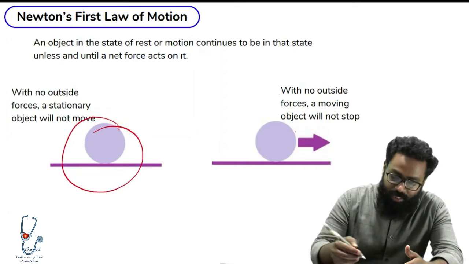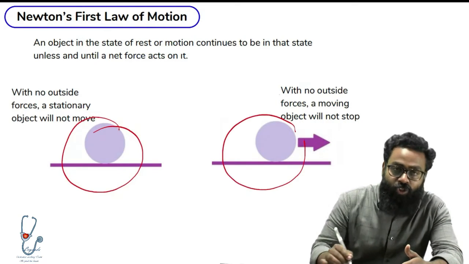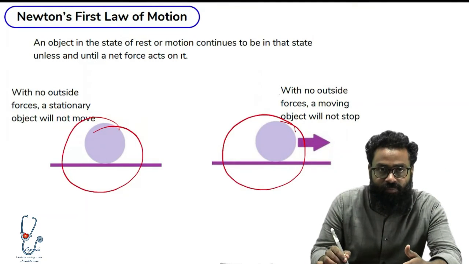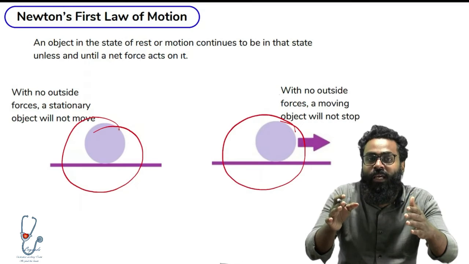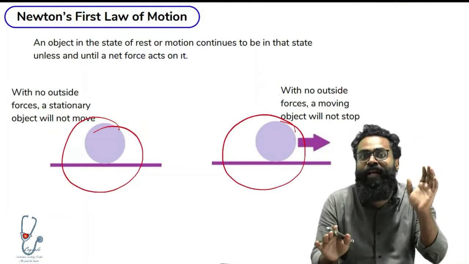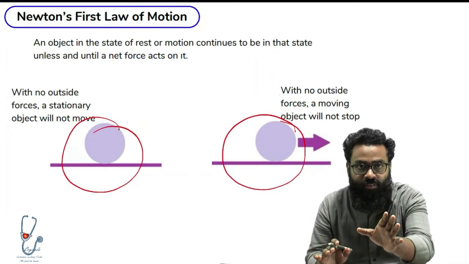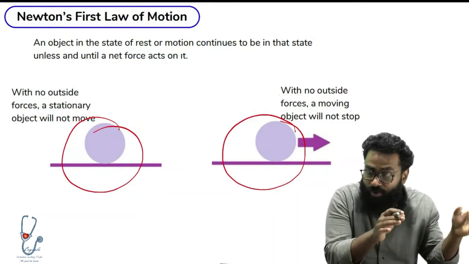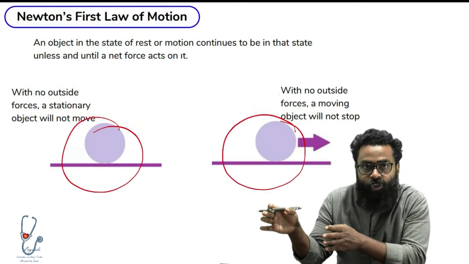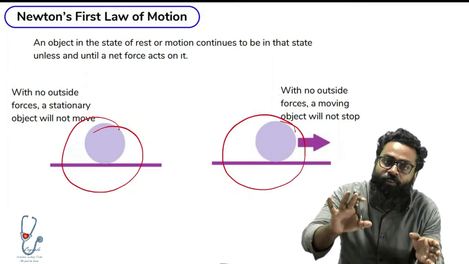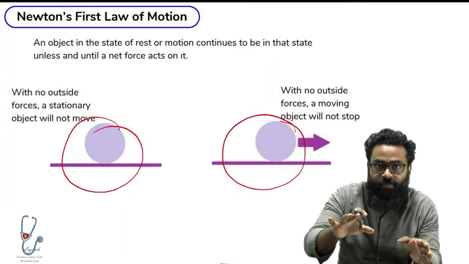That means one body is stationary and another body is in a moving condition. The stationary ball will move when we give an external force upon it. Got it? And the other one is moving in a uniform motion. It stops when we apply a force upon the ball.